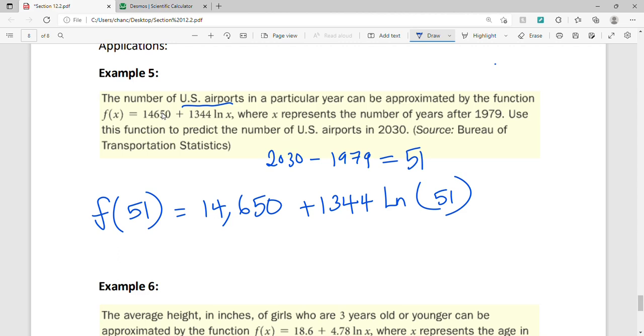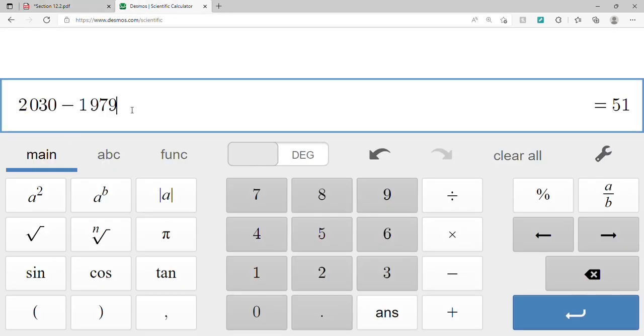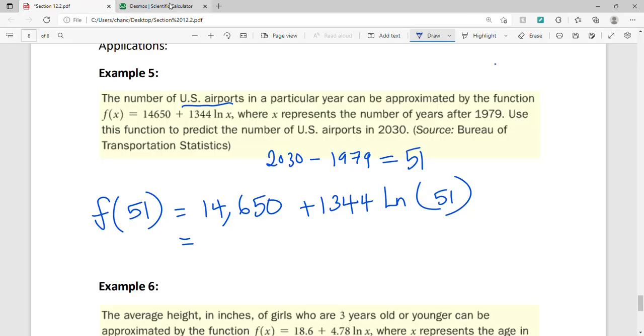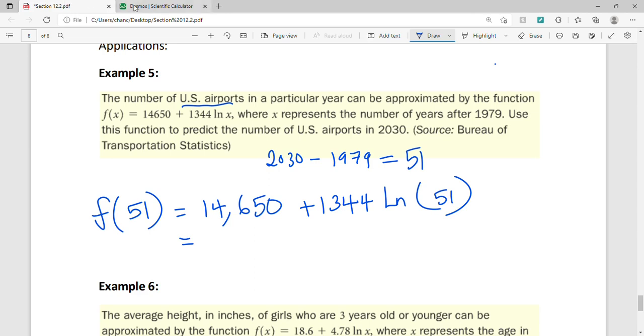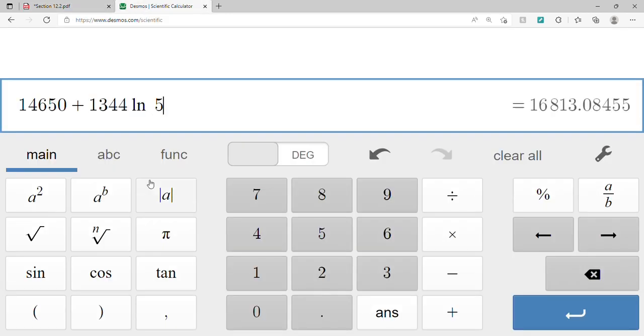And to do this, we'll type this entire thing into our calculator. We'll type in 14,650 plus 1,344 times the natural log of 51. So let's enter that into our calculator. 14,650 plus 1,344 times the natural log of 51.